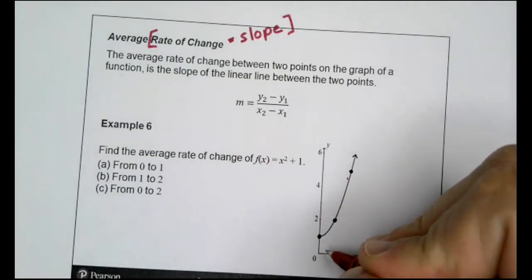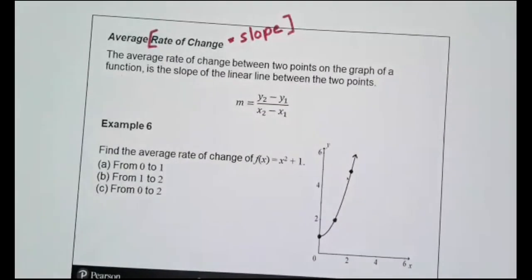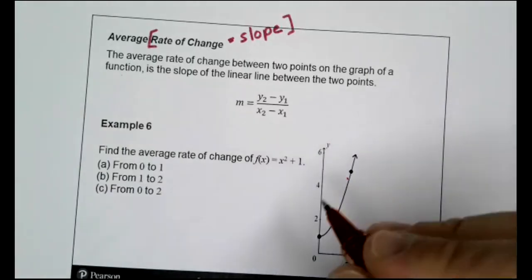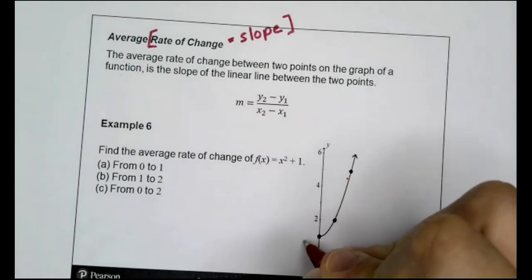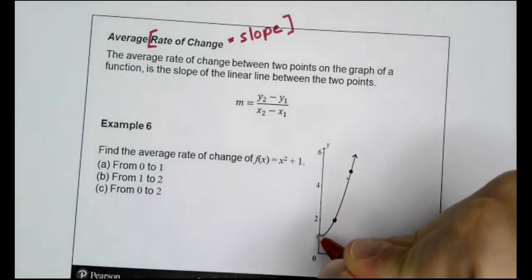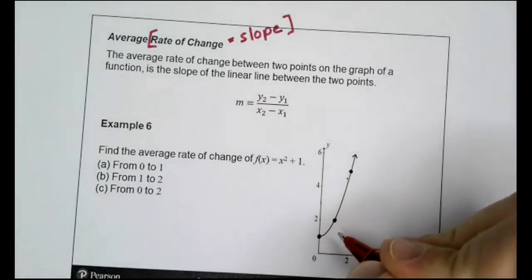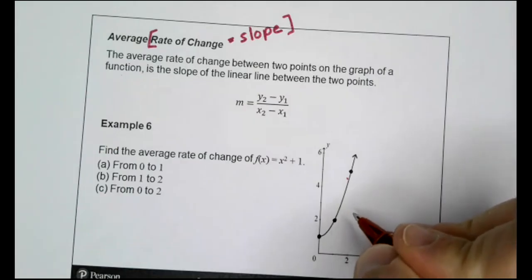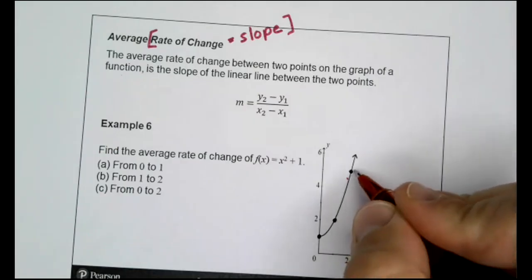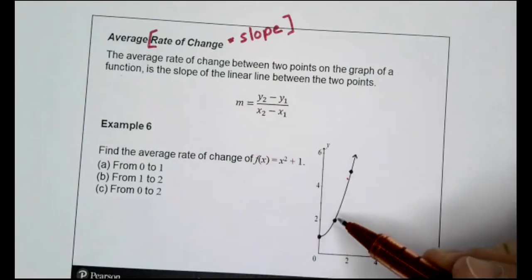From x as 0, right? This is x as 0. This is x as 1. This is x as 2.